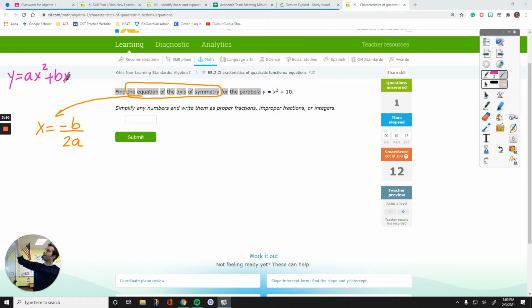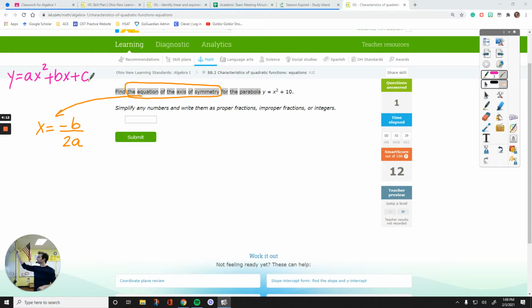Let's say you have minus 3x, then the b would be negative 3, plus c. Let's say you have plus 5 in the end, then your c value is positive 5. If you have negative 10 in the end, your c value is negative 10. That's the form from which you extract a and b values.